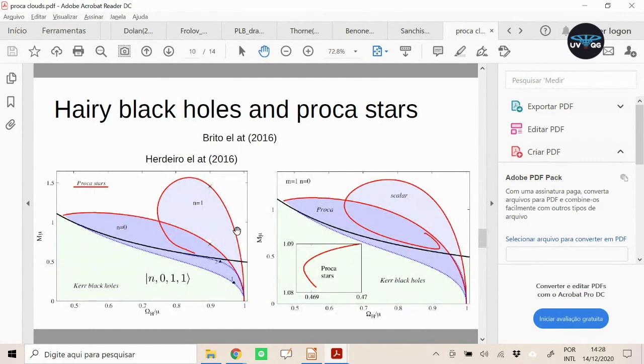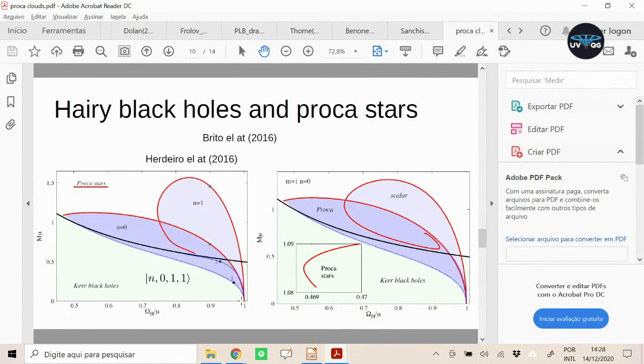Yeah, so the red lines correspond to the Proca stars in this case. And it also gives us a bound for the cloud, for this region, yes, for the hairy black holes. Okay, so the clouds are inside the red curves. Yes, they are between the red lines and the blue lines, which correspond to the existence lines.